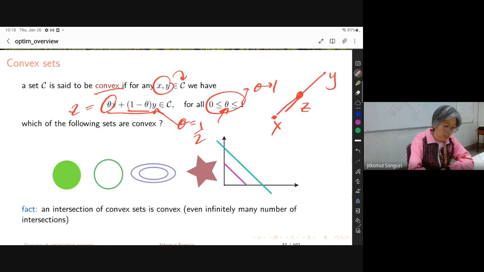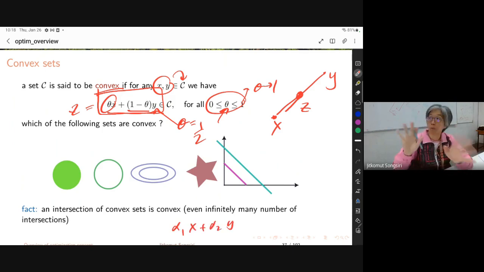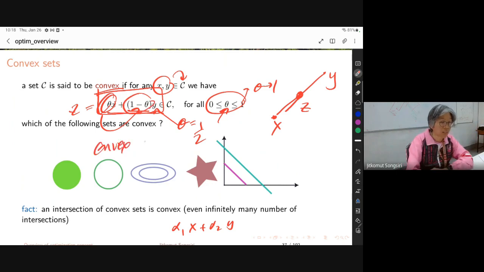Okay, such a combination is seen a lot. This is called a linear combination. Alpha could be any real number, but when alpha 1 and alpha 2 are related in this way, this is called a convex combination. Okay, a convex combination.